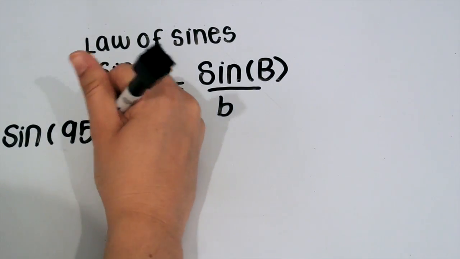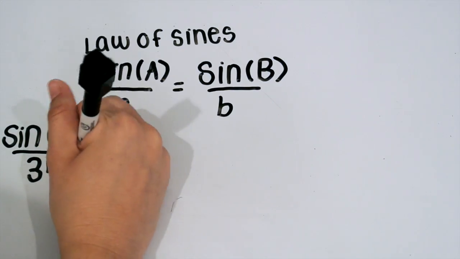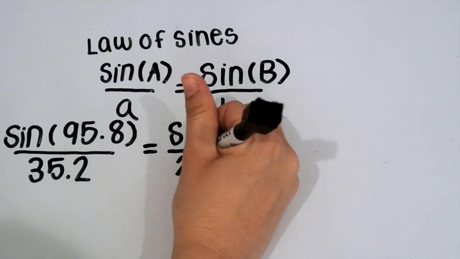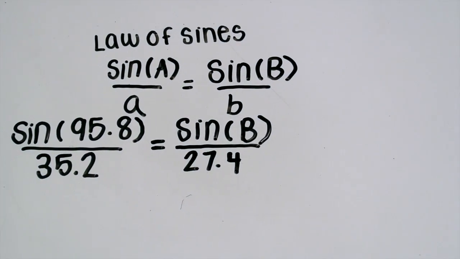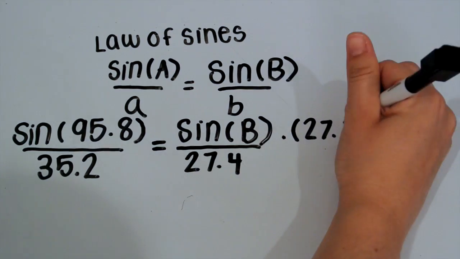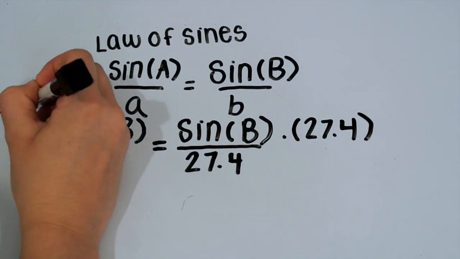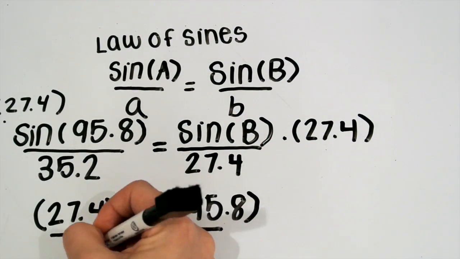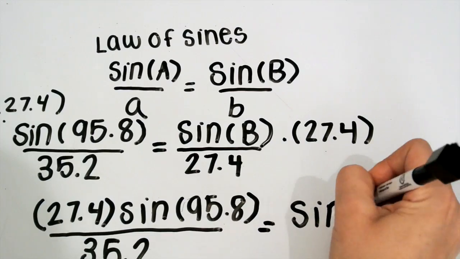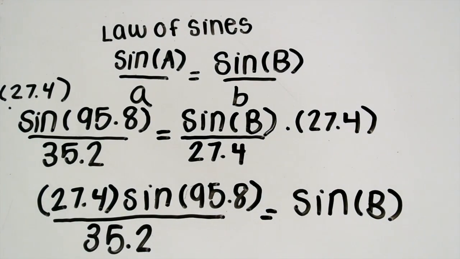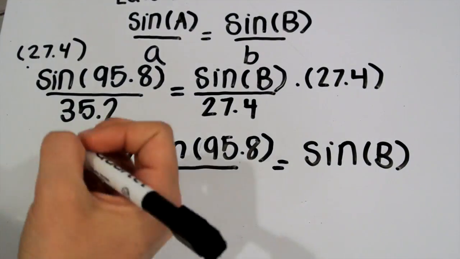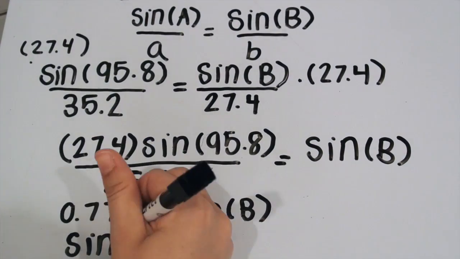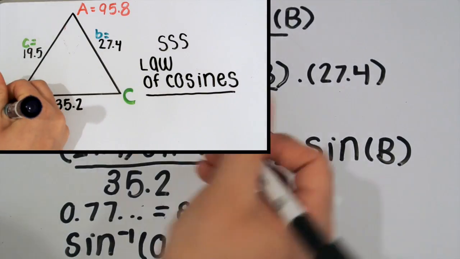Next, plug in the numbers to solve for the angle measurement of B. After plugging in the inverse of sine, B equals 50.8.